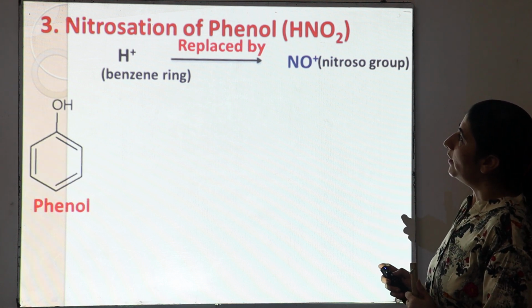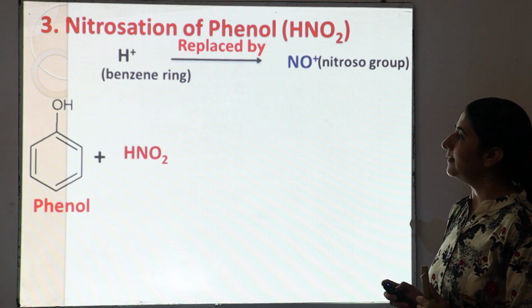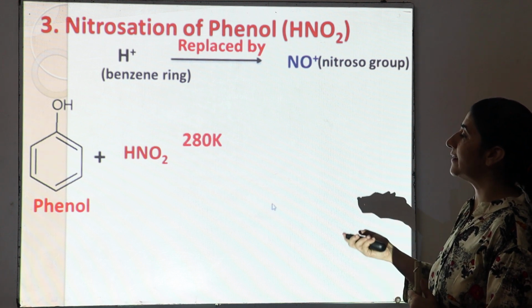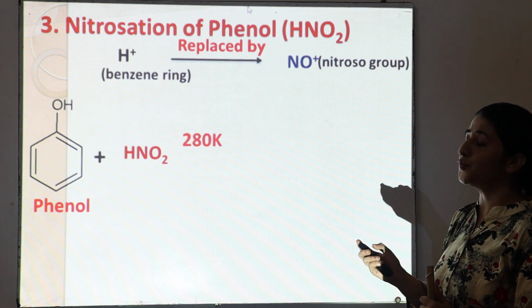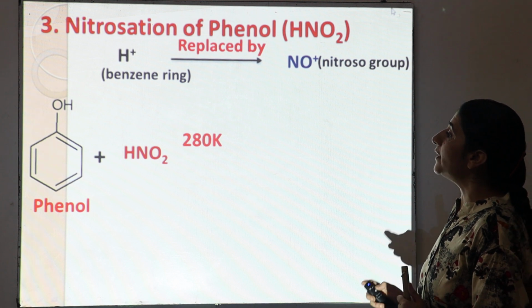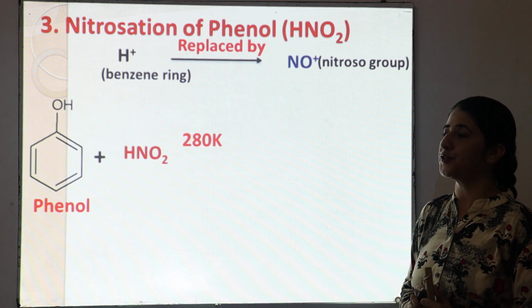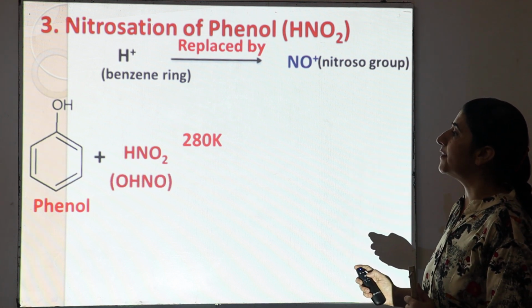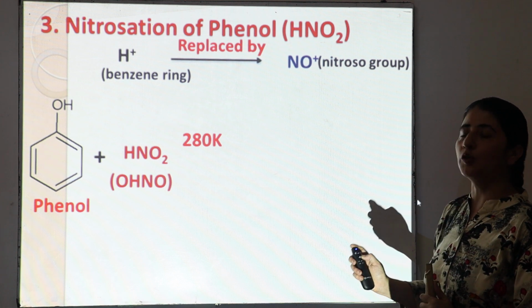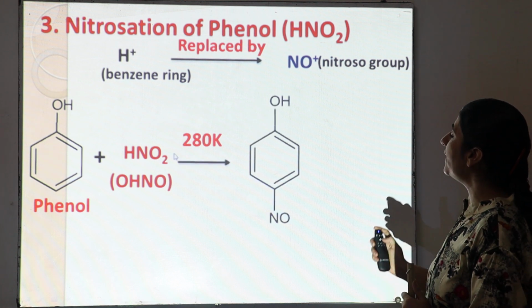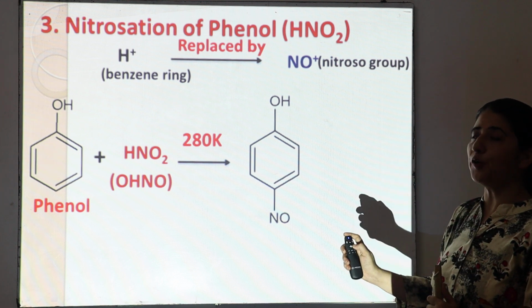So we have phenol, which reacts with nitrous acid. This reaction takes place at a temperature of 288 Kelvin. In this case, only the para hydrogen of the benzene ring is replaced by the NO group, and we get only para-nitrosophenol.